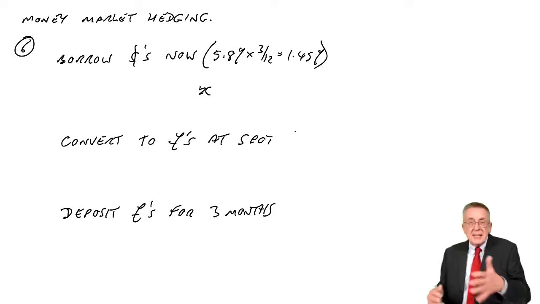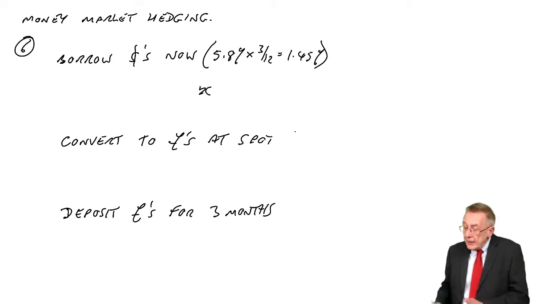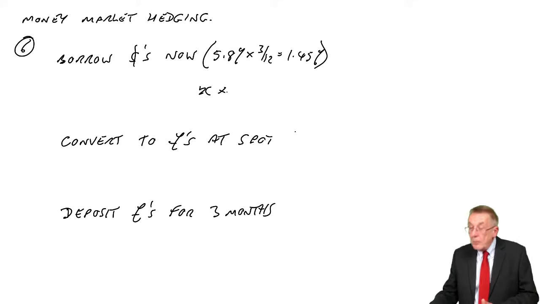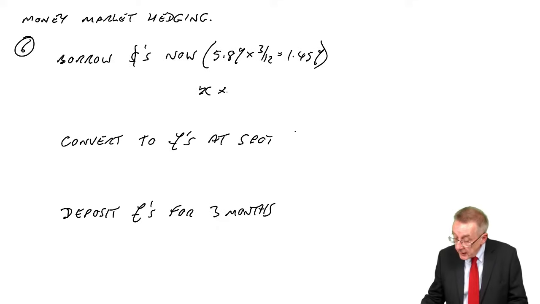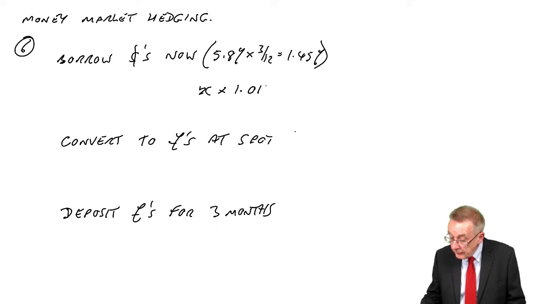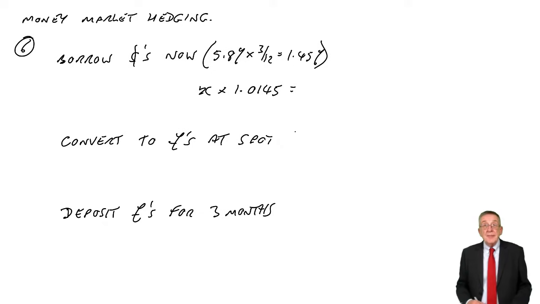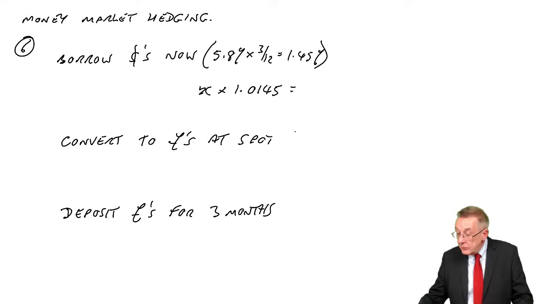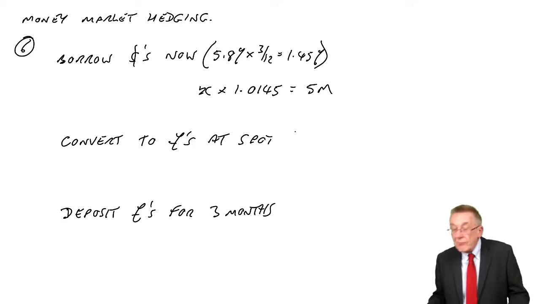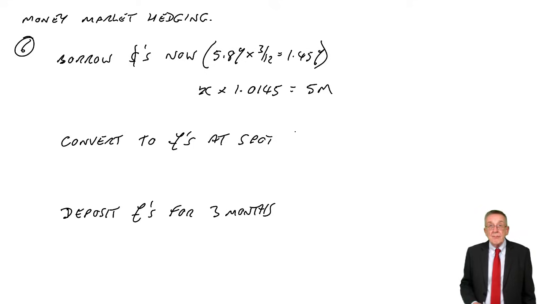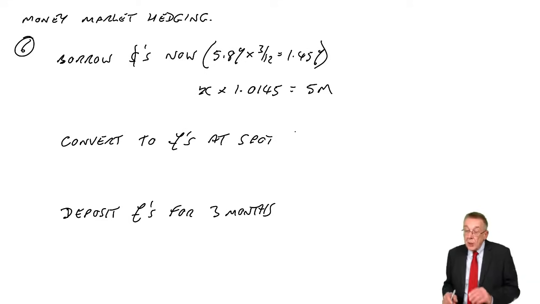If I was to borrow X now, then how much would I owe in 3 months? They'll add on 1.45% interest, so I'd owe X times 1.0145. And I want to make sure that the $5 million we receive will exactly repay that borrowing. And so I'll borrow a bit less than $5 million. How much will I borrow?